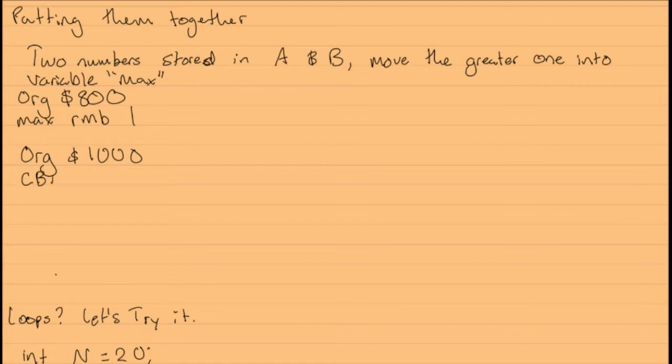Let's compare A and B. Now what that's going to do is just check if A is greater than B, greater or equal to, or if A is less than or equal to B. Very easy stuff.